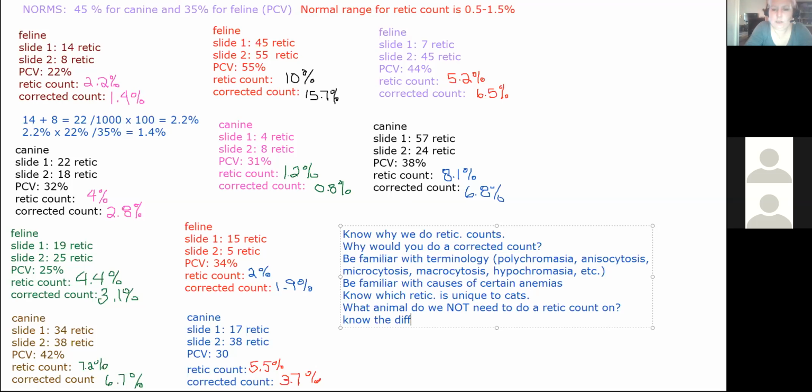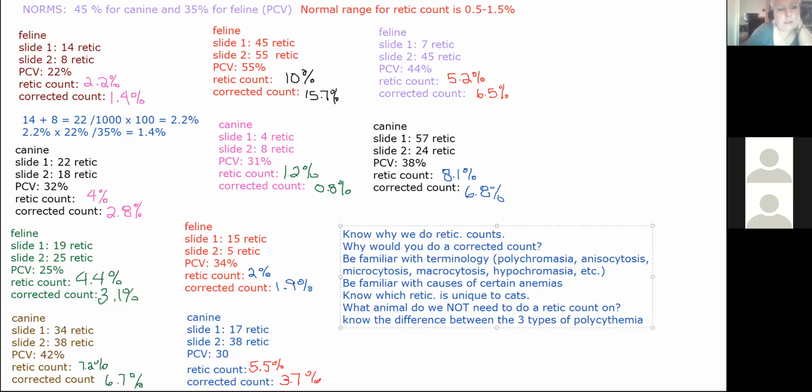Know the difference between the three types of polycythemia. So the relative, the rubra, and what was the other one? Oh my gosh, it fell right out of my head.